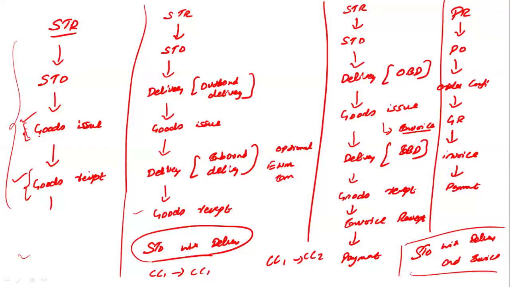When it is for same plant, same company, no need of financial posting. But when it's for different company codes, it depends on the payment cycle. No, I'm not asking about when the payment is happening.